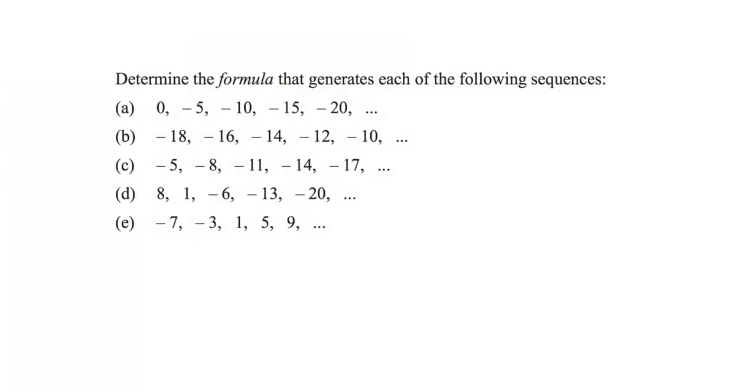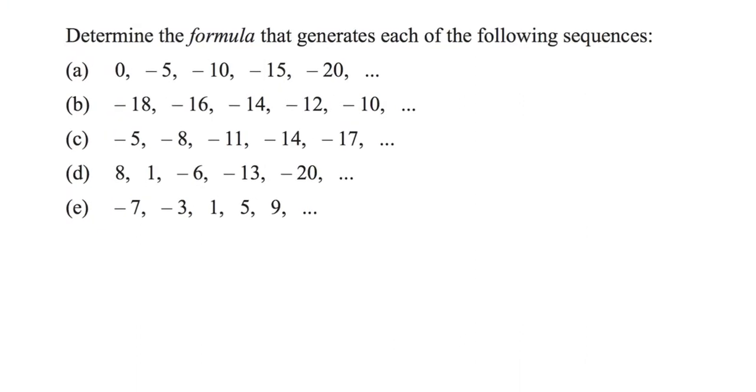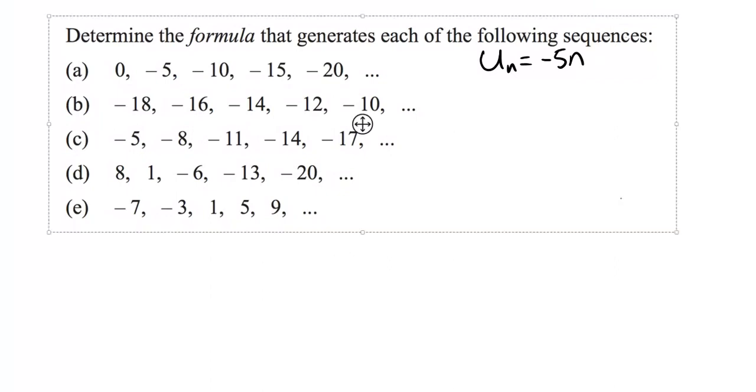Now, just in case you wanted some more examples, let's see if we can do these quickly. Have a think about them now and see if you can work out the formulas like I'm doing. I'm going to do these all in one go. For A, un is equal to, now it's going down in 5s, so I'm going to write minus 5n. What is it I add to minus 5 to make 0?